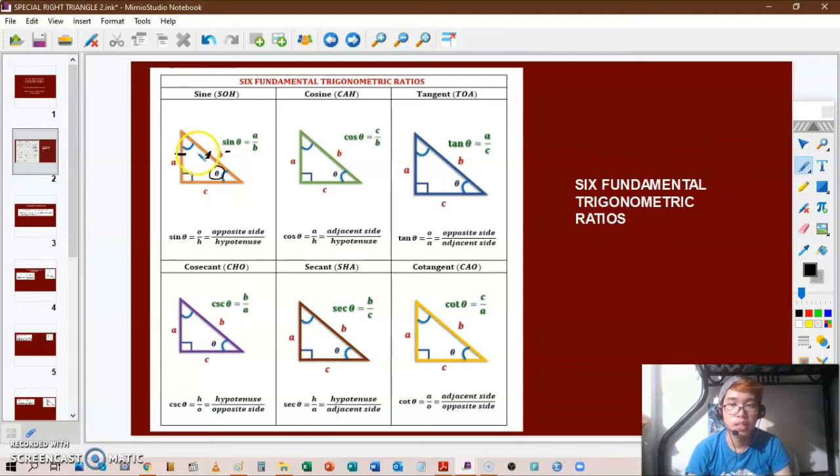So if it's placed here, the value of sine theta is going to change, because we now have a different opposite side, but the hypotenuse stays the same.